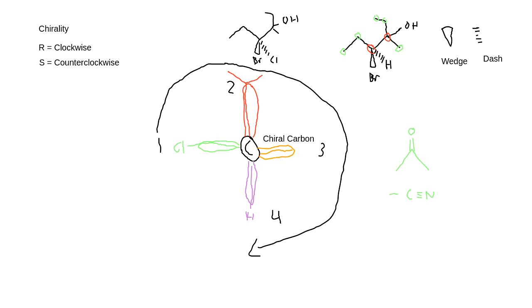To find chirality, one, find carbons that have 4 unique groups. Groups, not atoms. And then rank those 4 groups.